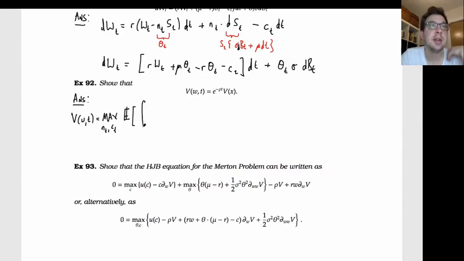So I'm going to get an integral from t to infinity of e to the minus rho, and let's say s, because we've got a slightly different time here, u of c of s ds. If I'm being really rigorous, this should be an s as well.